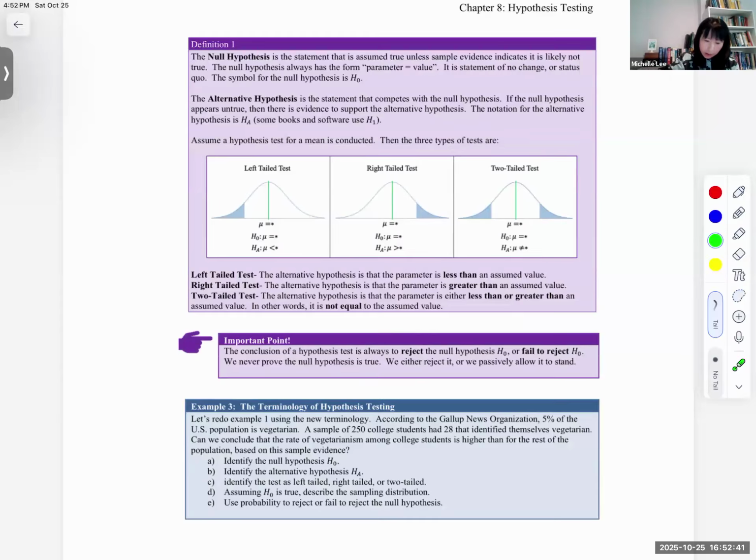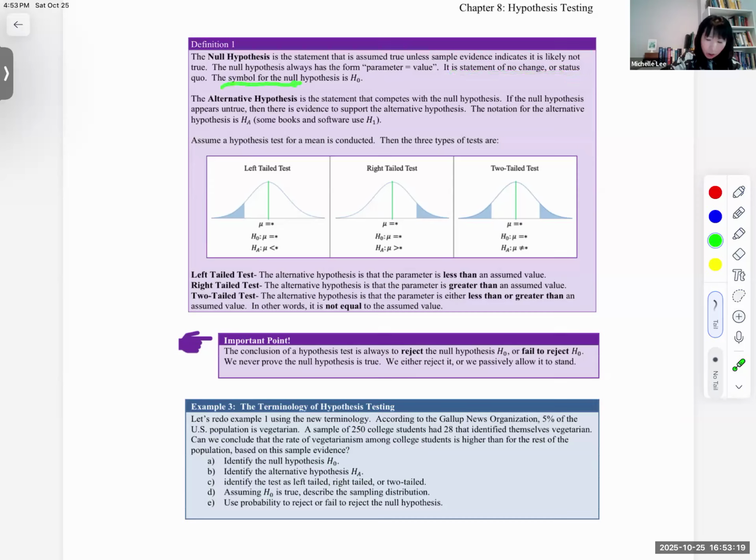Okay, so let's talk about the definition here. The null hypothesis test is a statement that is assumed true unless sample evidence indicates it is likely not true. We always use the null hypothesis for a parameter equal to a value. It is a statement of no change or status quo.